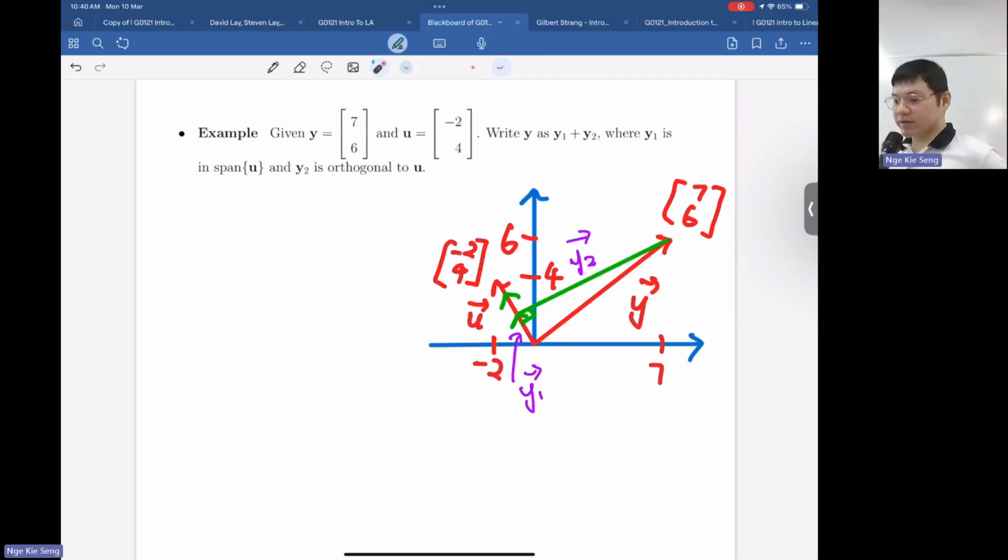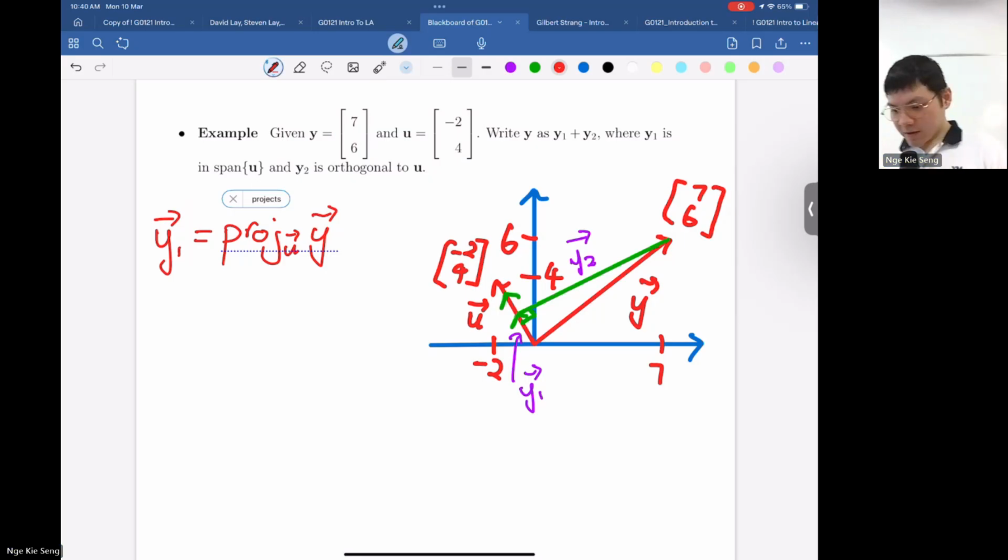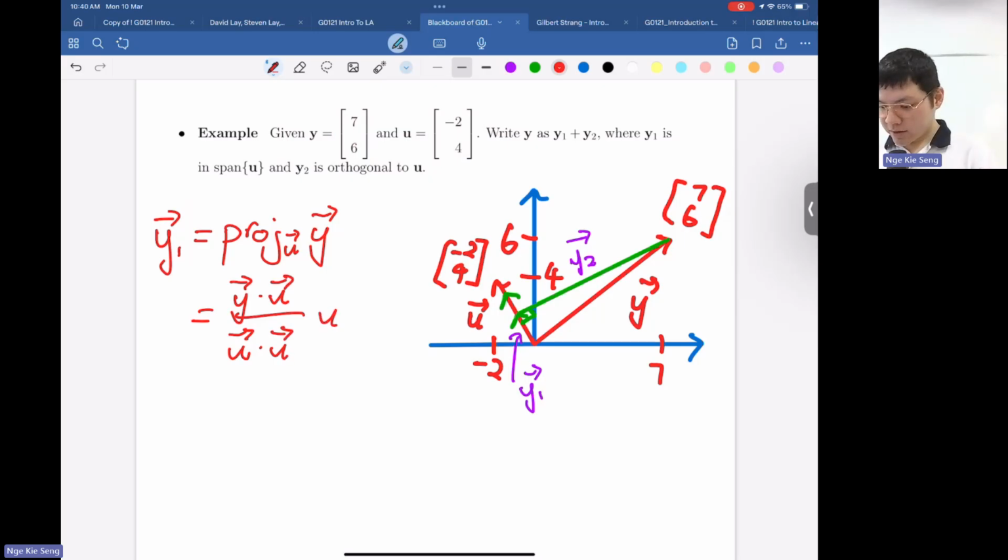Okay, so let's use the theorem that we said just now. This fits into the orthogonal projection condition. To find y1, what is y1 here? It's actually projecting your y onto u. So what's the formula? Basically, you do y dot u over u dot u, times u.